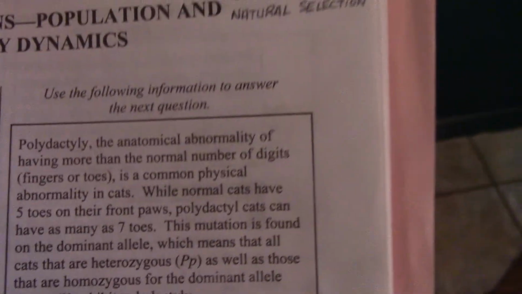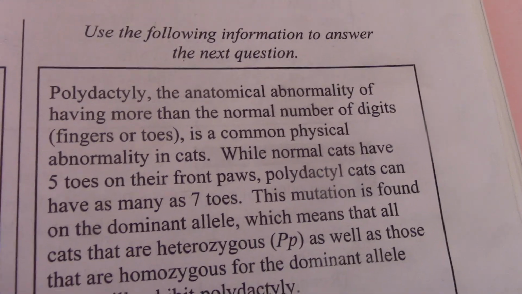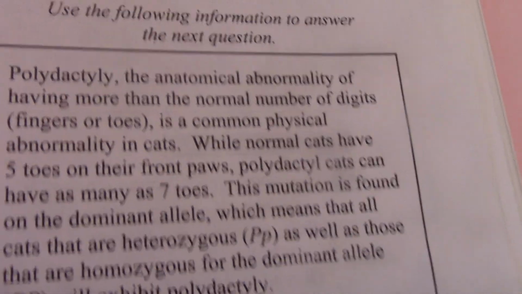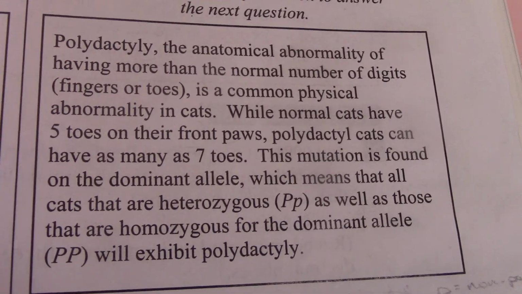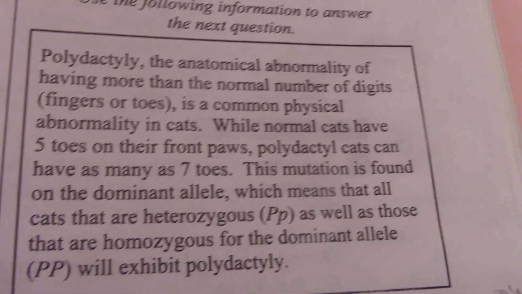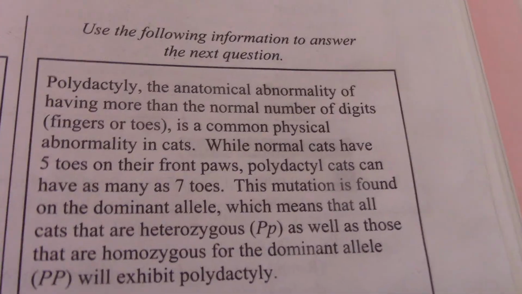The question says, polydactyly, the anatomical abnormality of having more than the normal number of digits, is a common physical abnormality in cats. While normal cats have 5 toes on their front paws, polydactyl cats can have up to 7 toes. This mutation is found on the dominant allele.